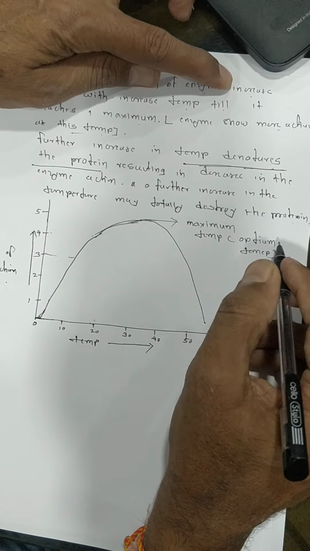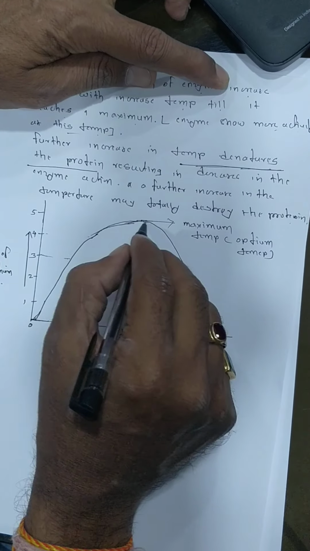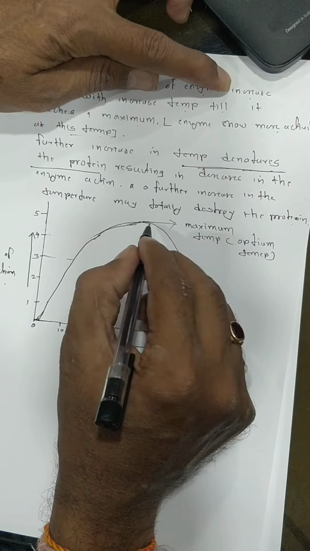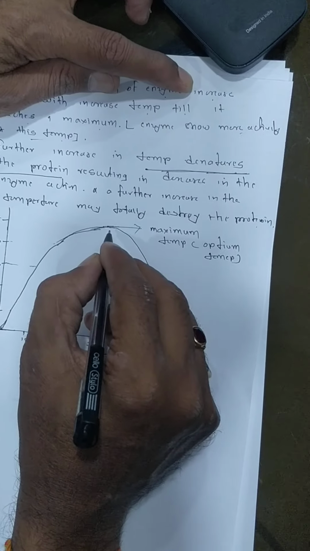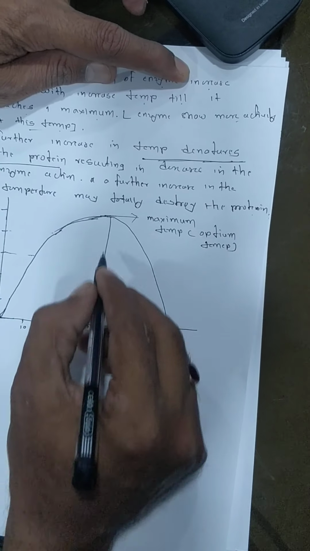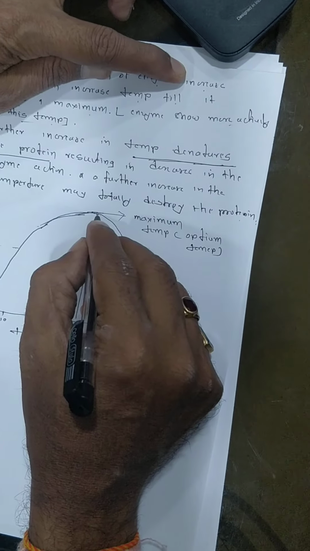At the optimum temperature the enzyme shows the maximum activity, and it generally lies around 37 degrees Celsius. Take a straight line there.